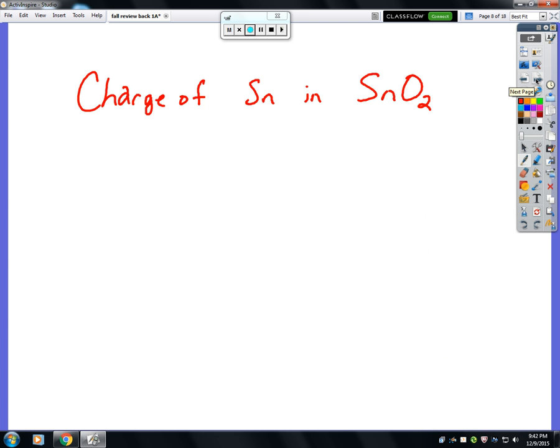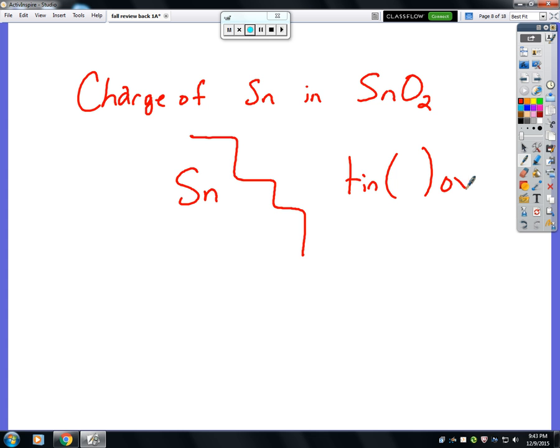let's figure out the charge of tin in SnO2. Well, what is tin? Tin is under the stairs, isn't it, on the periodic table? So you would name this tin, I don't know yet, oxide. And since tin is a Roman metal, you're going to go ahead and say, I know oxygen's charge.